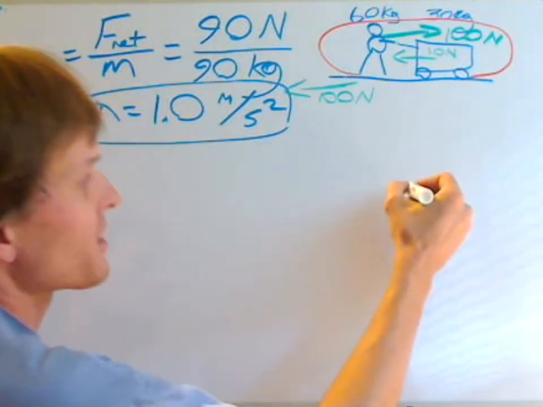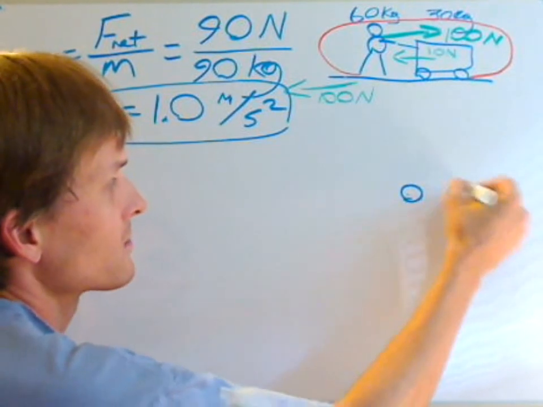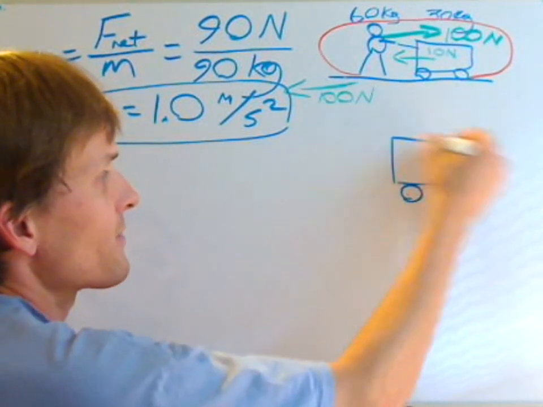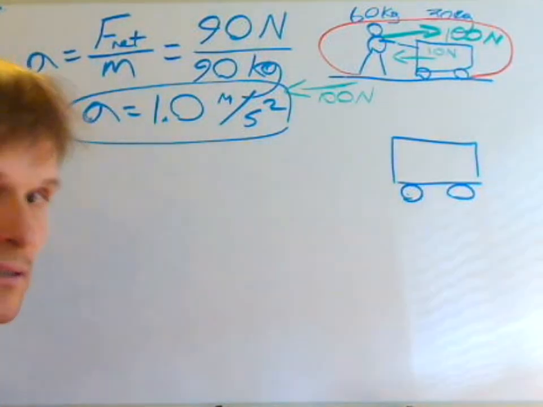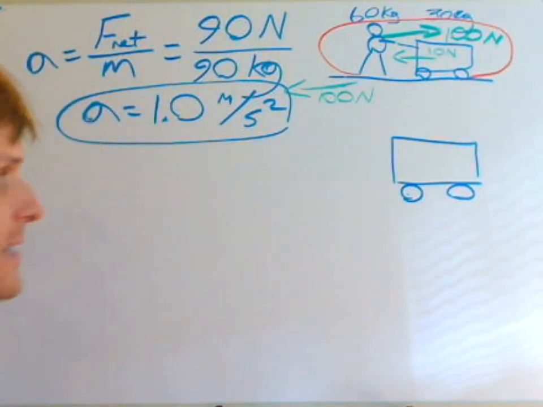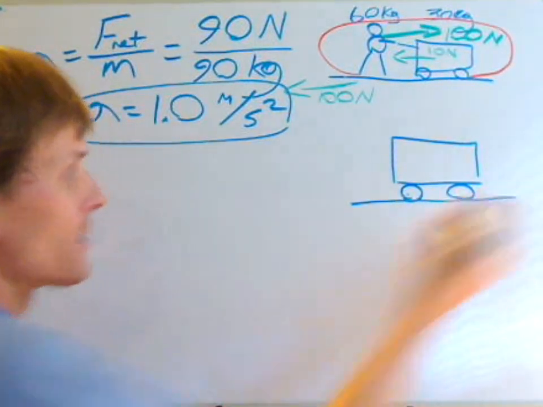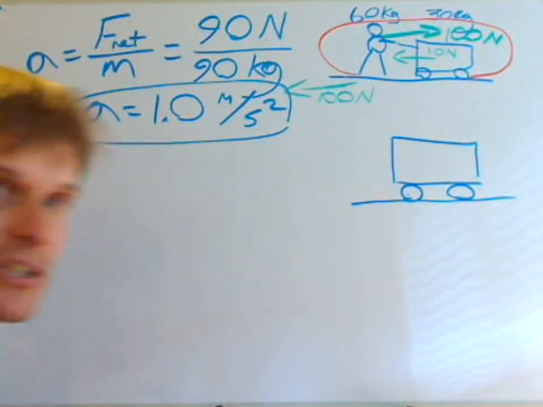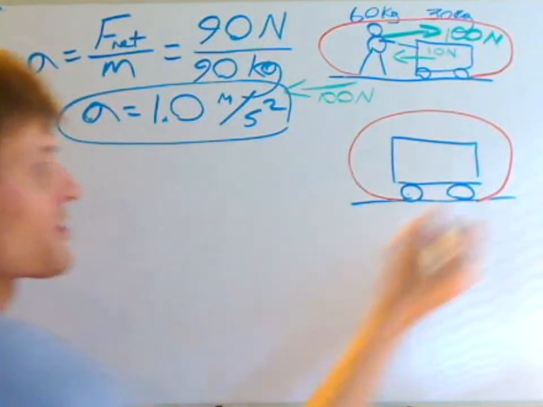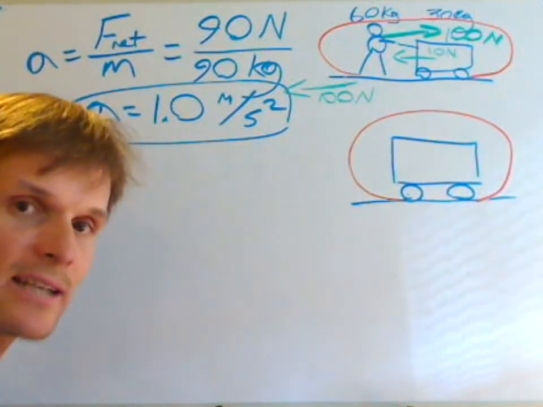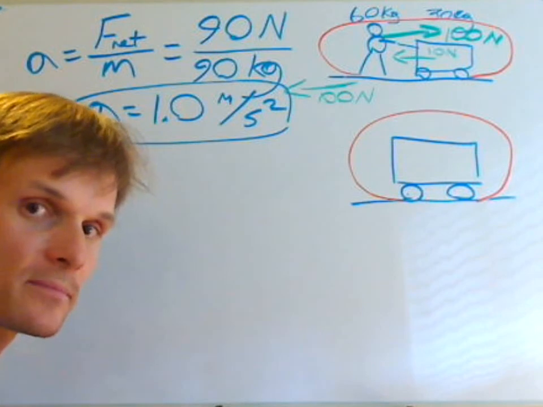So here's our new system, cart. And I'm just not even going to draw the person in here. I'm just going to have the cart as our system, and we'll go ahead and surround our system with red. So here's our system now. The person is now external to the system.